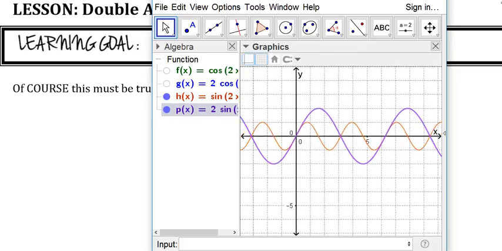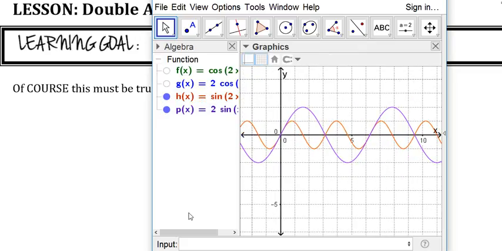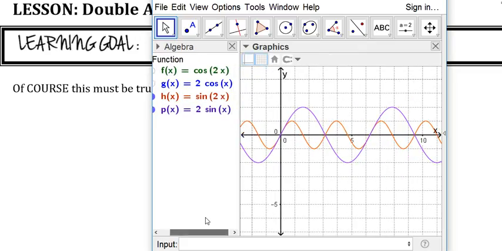So there's the graph, the orange graph is sine 2 theta or sine 2x, right? The scale is a bit off because I didn't rearrange the scale for radians, but you can see that here's sine, so there's one revolution, or one cycle.